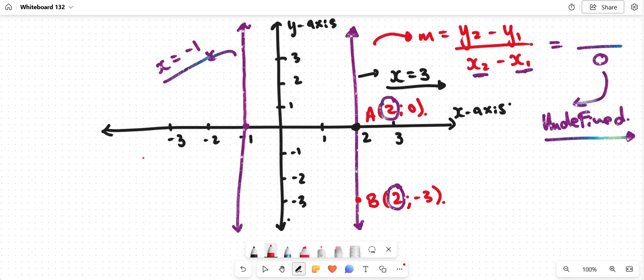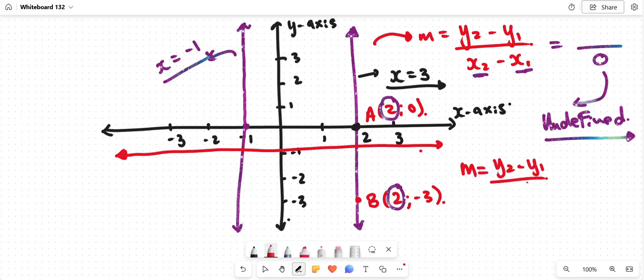Then similarly with a horizontal line, let me draw this horizontal line that cuts there at -1. So in terms of the gradient of this line, if we were to calculate it, m would be equal to y2 minus y1 over x2 minus x1. But what are we noticing here?